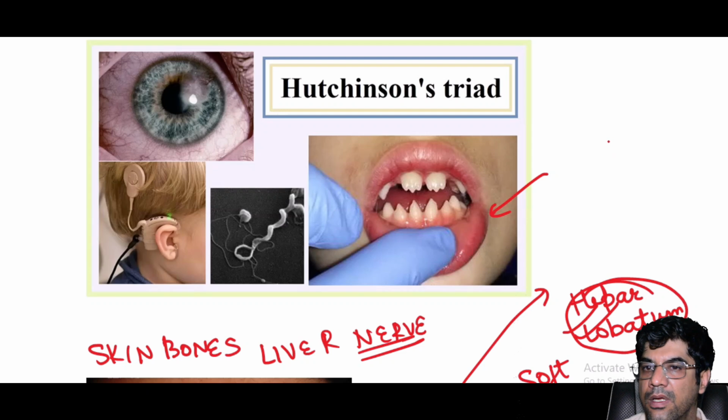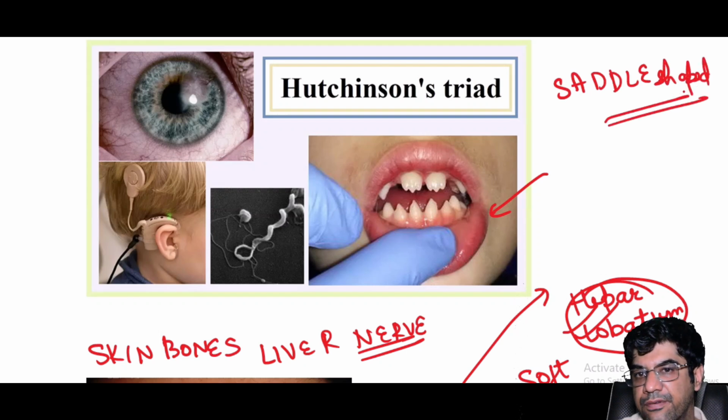Apart from that, you could see the saddle nose. Saddle-shaped nose due to the destruction of the bridge of the nose is a major feature of congenital syphilis. Mucocutaneous lesions, bony lesions, and interstitial keratitis that leads to corneal opacity could be seen.